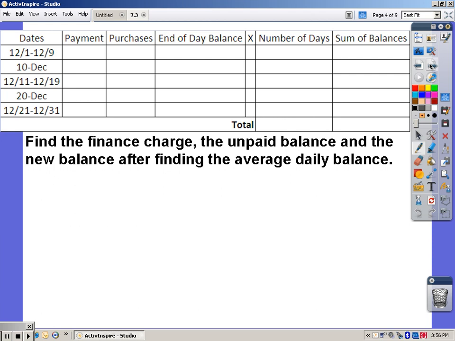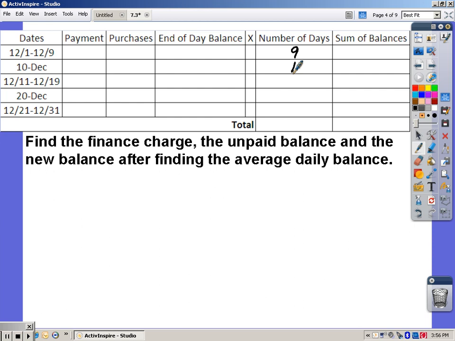All right, so from 12/1 to 12/9, notice my dates over here on the left side of the table. Okay, 12/1 to 12/9, that is 9 days. So we need to come over here and fill out the number of days. 9 days. Okay, on December the 10th, that counts as 1 day.